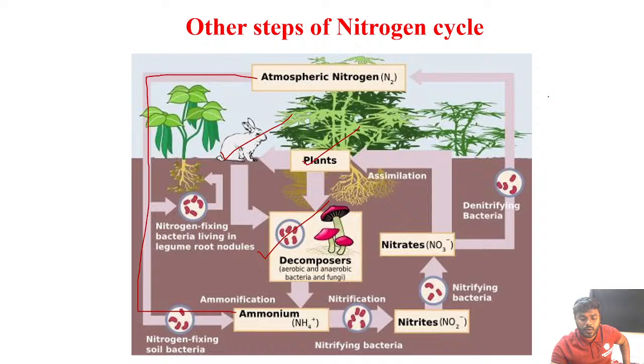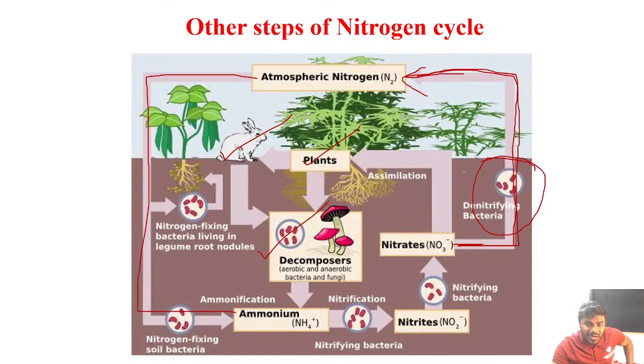So friends, what are we doing now? Conversion or transfer of NO3 back to the atmospheric nitrogen will complete the nitrogen cycle. Once again understand, friends, conversion of NO3 back to the atmospheric nitrogen will complete this particular nitrogen cycle.